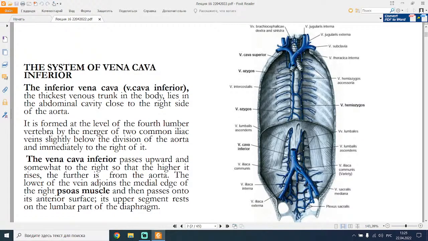Its upper segment rests on the lumbar part of the diaphragm. This is what you see, vena cava inferior, abdominal cavity, diaphragm.